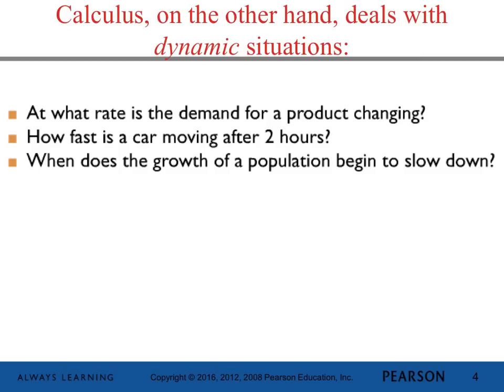When does the growth of a population begin to slow down? One of the functions we'll look at in this course is called a logistic function. Imagine a deserted island that has plenty of vegetation and no animals of any kind, and you introduce rabbits into that island.